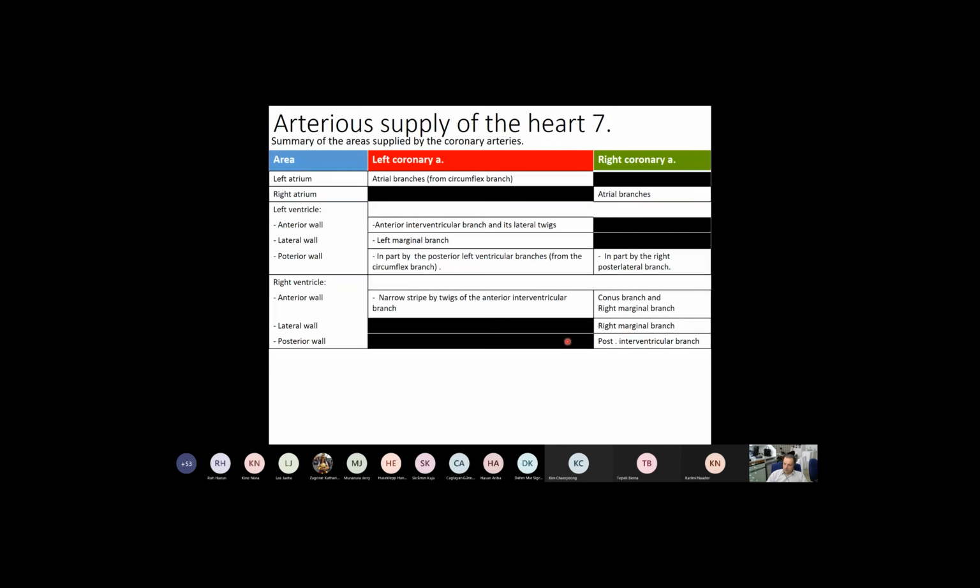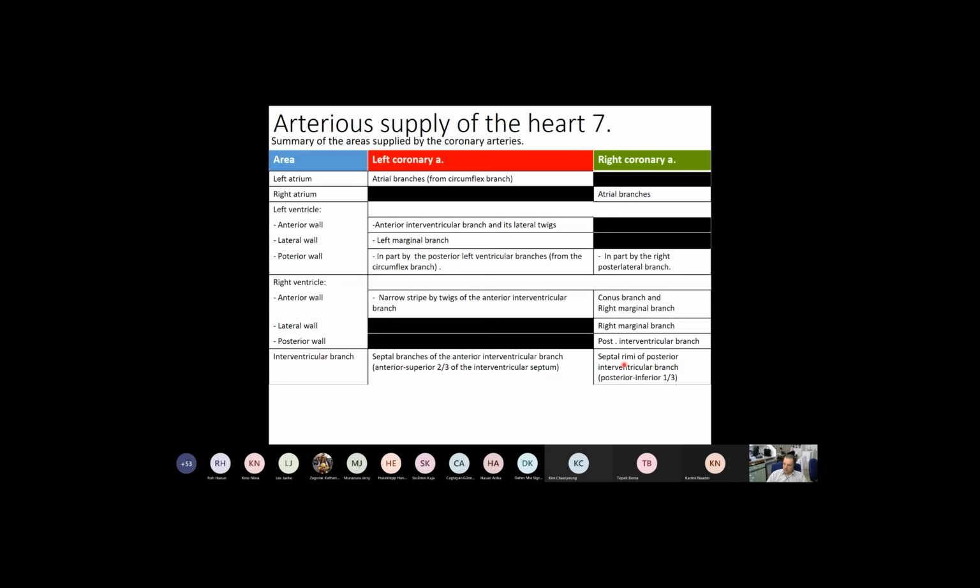Then the interventricular, I have to say, sorry, this wants to be septum, not branch. I forgot to correct this. So you have the septal branches of the anterior interventricular branch that does the anterior superior two-thirds of the septum, and the remaining one-third is approximately fed by the posterior interventricular branch.